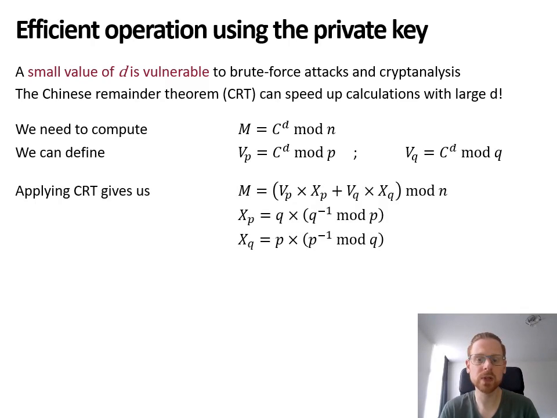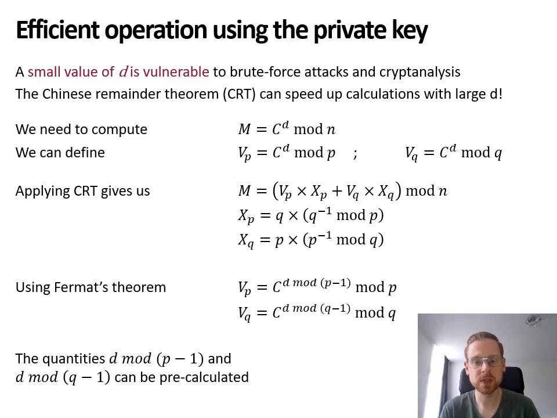Applying the Chinese remainder theorem, we can now state that m equals vp multiplied by xp plus vq multiplied by xq modulo n, where xp and xq equal q times q minus 1 modulo p and p times p minus 1 modulo q. This can be easily derived from the Chinese remainder theorem, given the fact that n equals p times q.